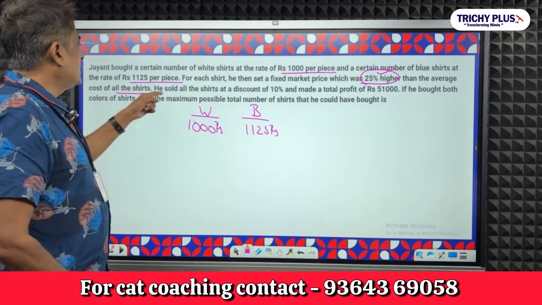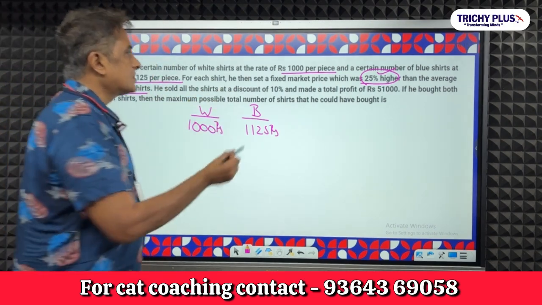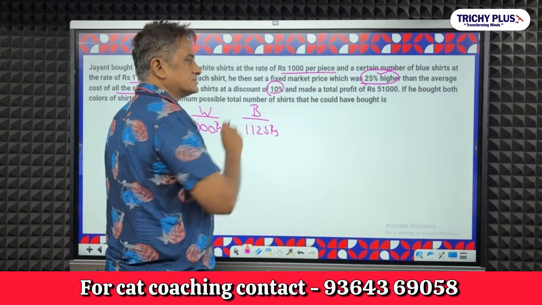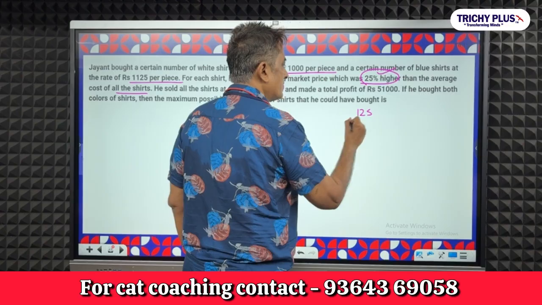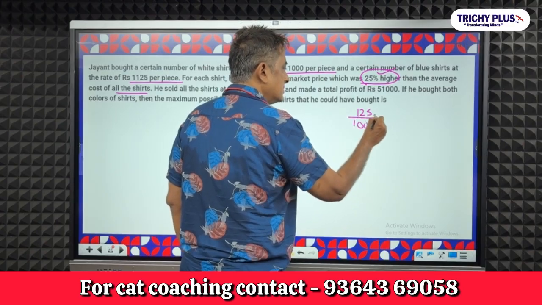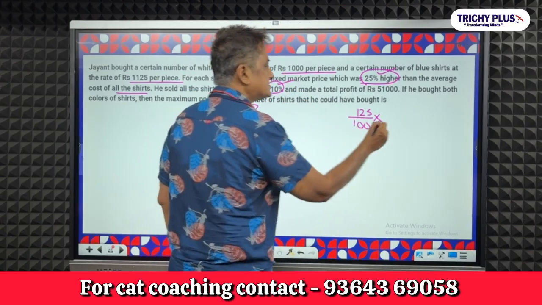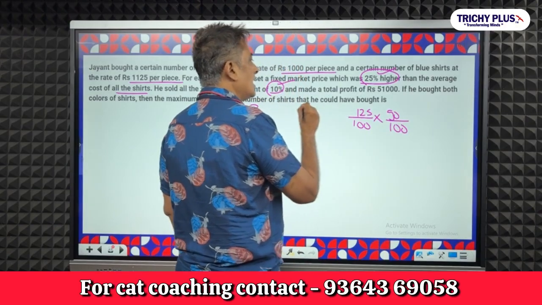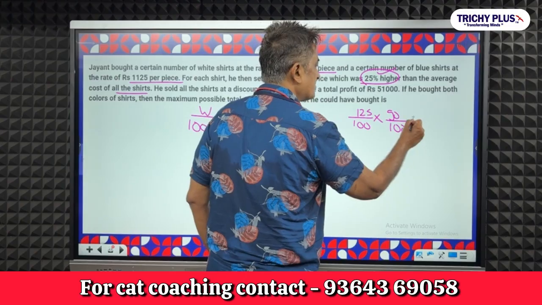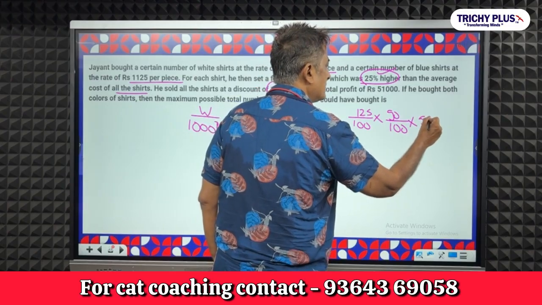And he sold all the shirts at a discount of 10%. So what has he done? Markup is 125 by 100. In the markup, he gave a discount of 10%, which is nothing but 90 by 100. And still he gets a profit of 51,000.